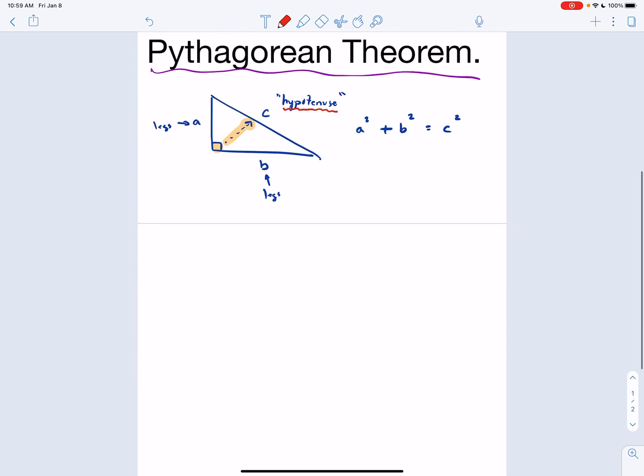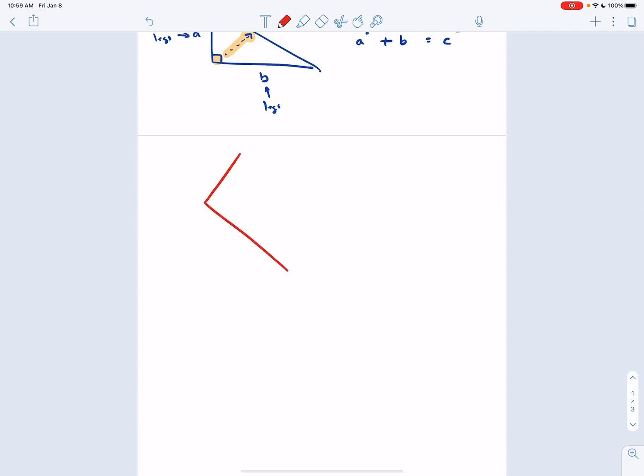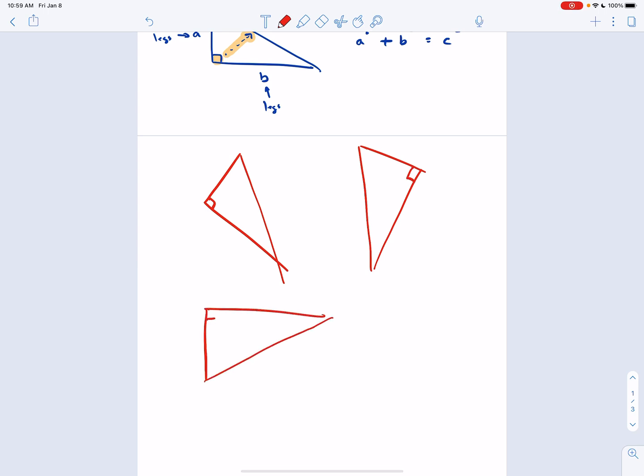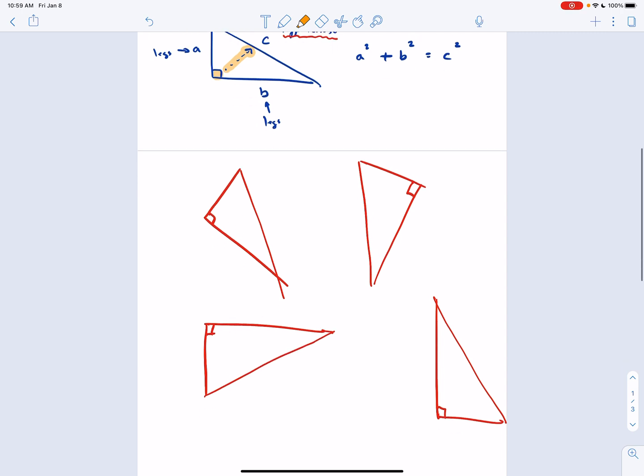All right, so here we go. What I want you to understand is that if I were to draw right triangles in many different rotations, you should be able to figure out the hypotenuse every single time. The legs don't matter because you're just adding the squares of the legs, and the order doesn't matter, so it doesn't matter if you flip the legs around.